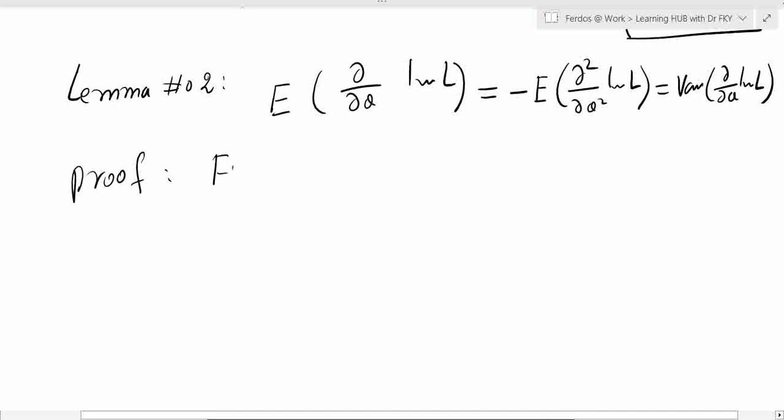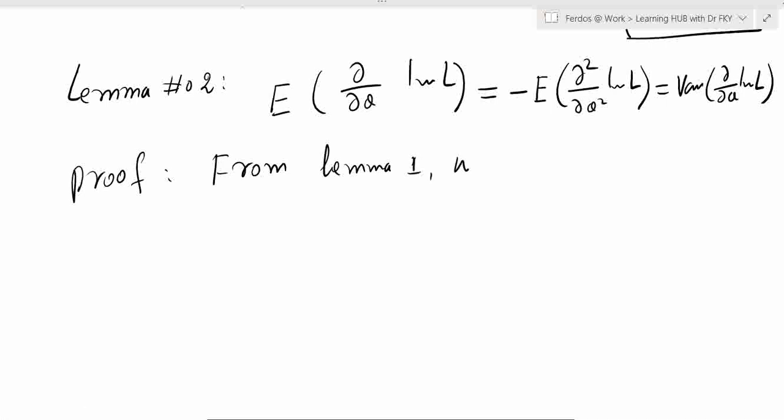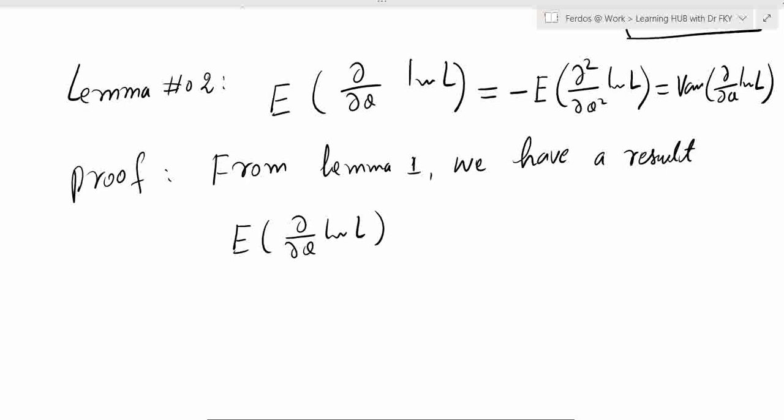From lemma 1, we have our result, that is the expected value of this, I will say log only L instead of log L x theta, that is equal to 0.